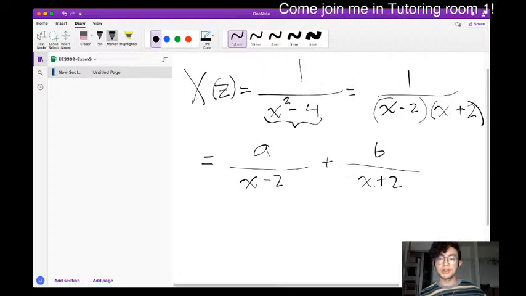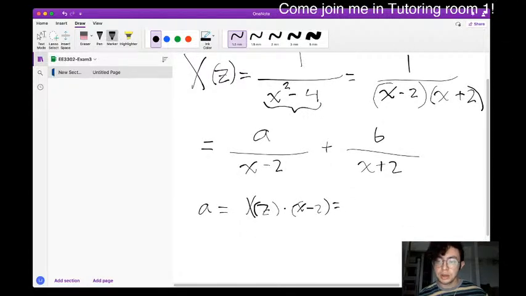So we remember that we multiply by x minus 2, because we have to cover up the pole that corresponds to our coefficient A. We cross it out. So I'm just going to go ahead and write that out.